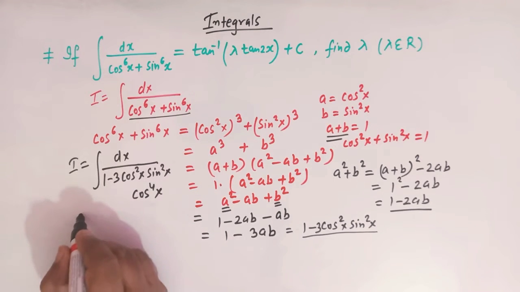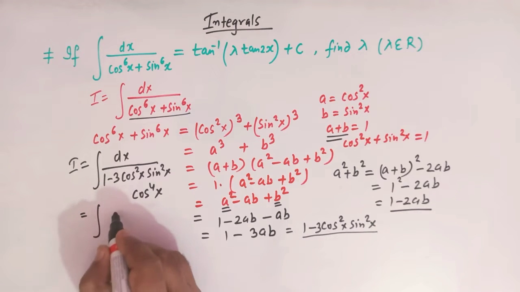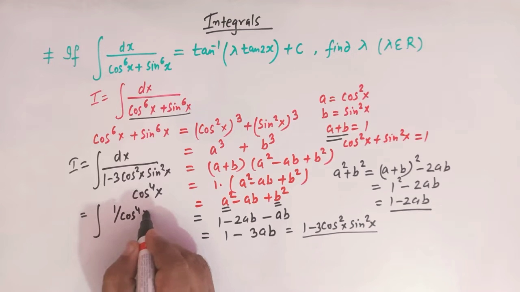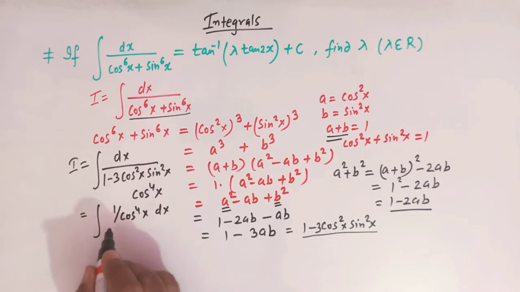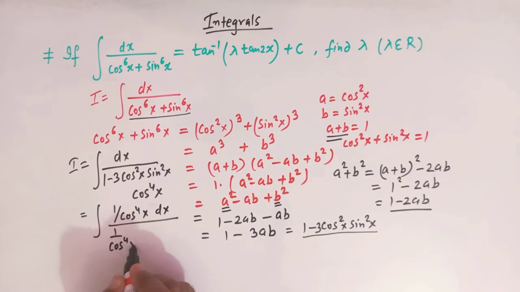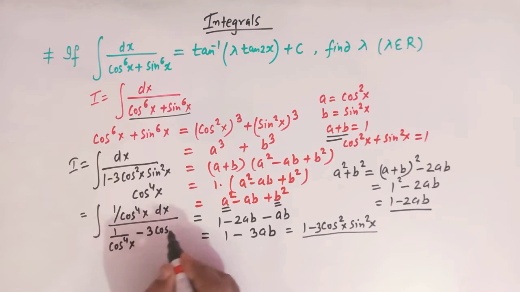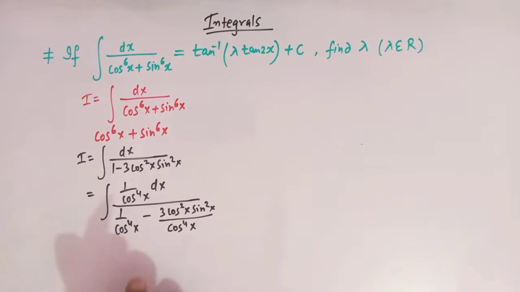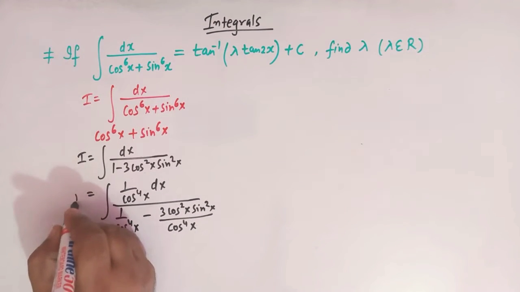So what we get is 1 over cos raised to 4x in the numerator with dx, and in the denominator 1 over cos raised to 4x minus 3 cos square x times sine square x divided by cos raised to 4x. Now let us simplify this integral.